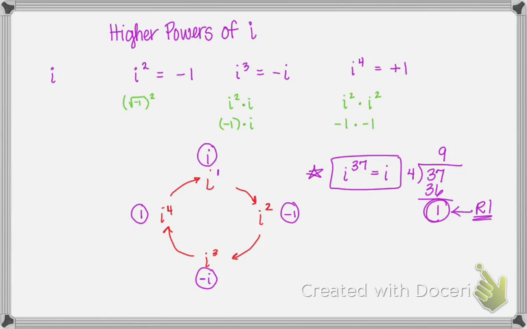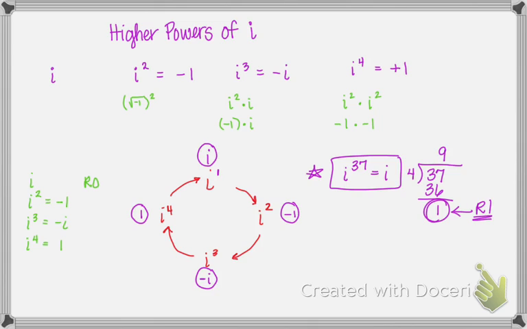So if that circle isn't a way that you like to look at it, some people like to think about it that way. I prefer a list. So I have i squared, which is -1, i cubed, which is -i, and i to the fourth, which is +1. Here's what we want to be looking for.